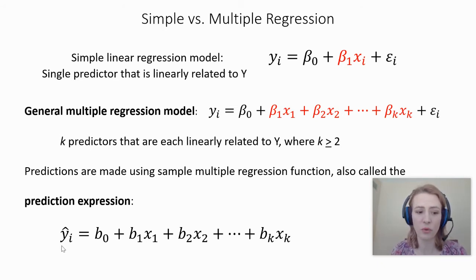So the predicted value for y would be based on a sample intercept plus a sample coefficient b1 times x1 plus b2 times the second predictor, and keep going until you get to the last one. All right, so the sample prediction expression has the little b's, whereas the population model has the betas because those are parameters.